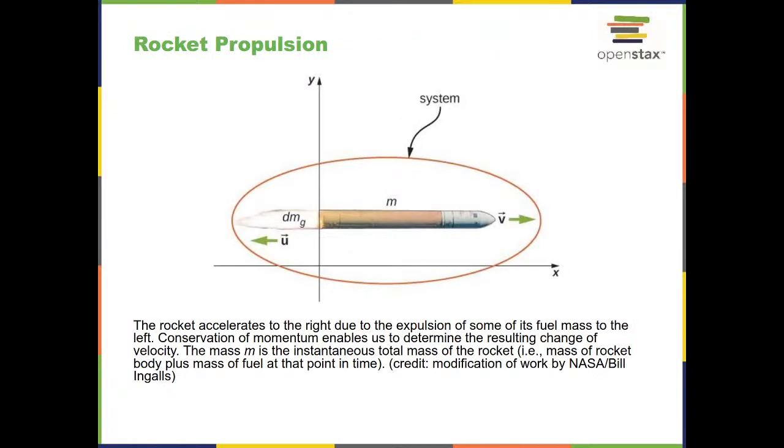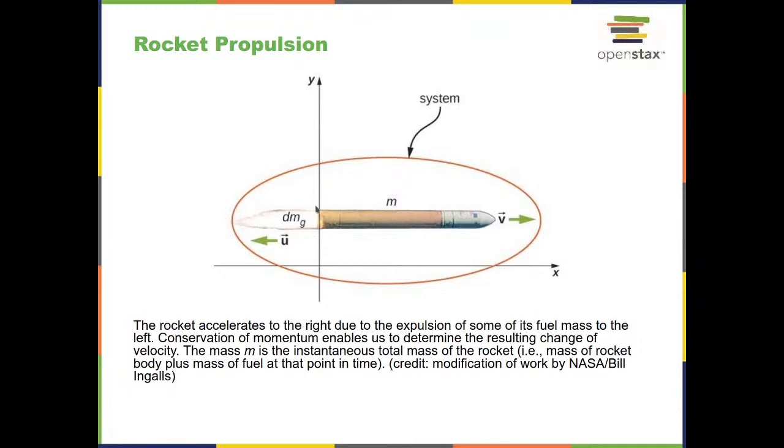So then the last bit I wanted to talk about, I don't think we have time for that. So do read this chapter on rocket propulsion. Again, it relies on integrals because it involves thinking about how the mass of the rocket changes as the gases are emitted.